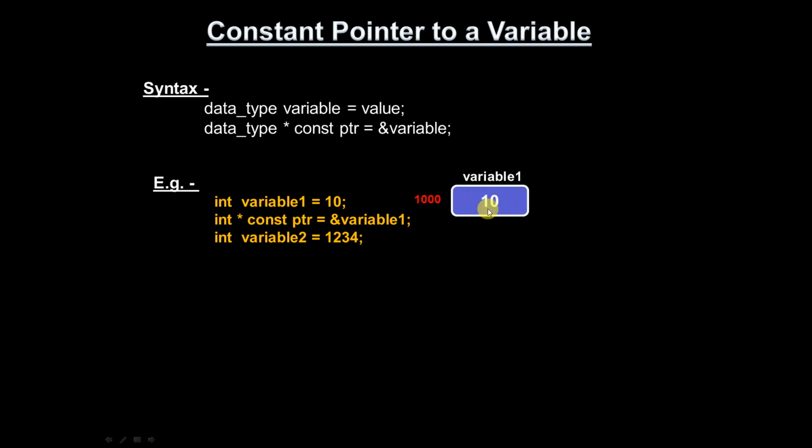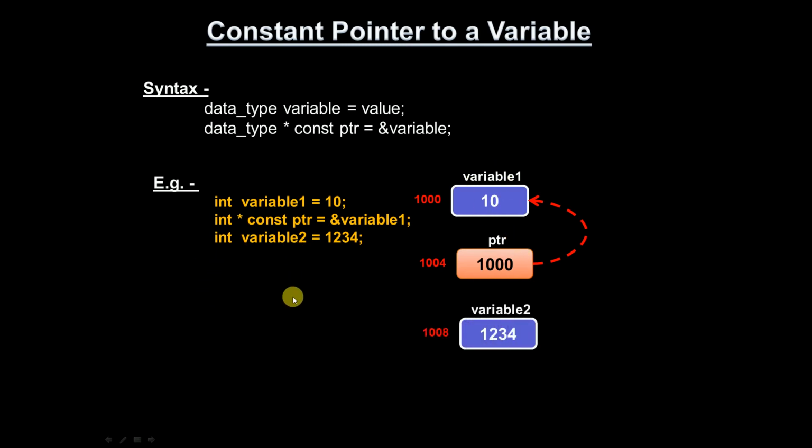Now variable 1 equals to 10, at memory location 1000. Now int star const ptr equals to address of variable 1. ptr is a constant pointer, which is holding the address of variable 1, that is memory location 1000. Now int variable 2 equals to 1234.